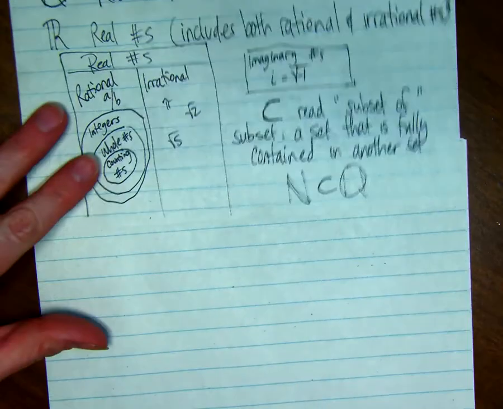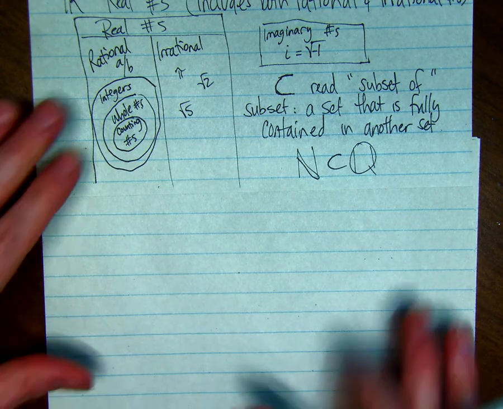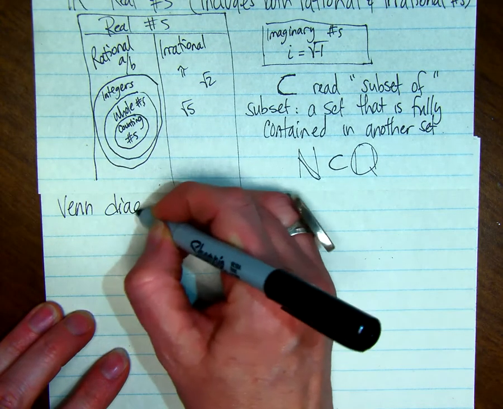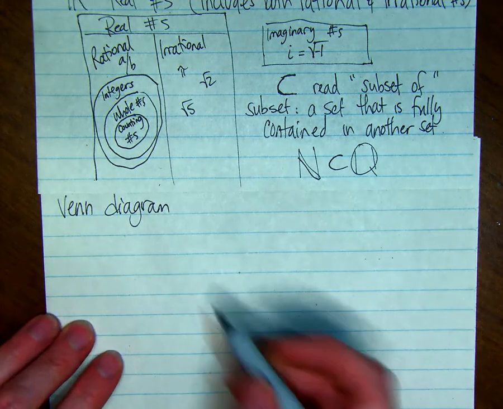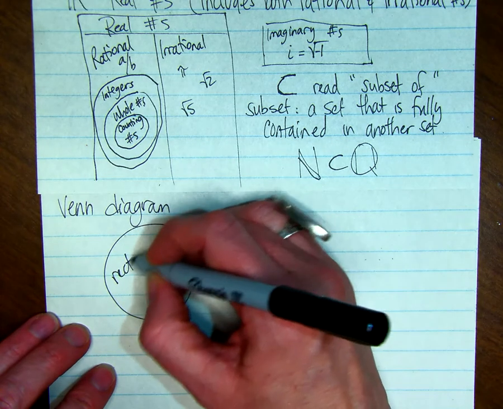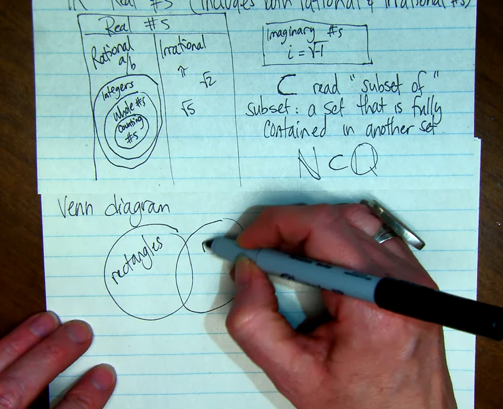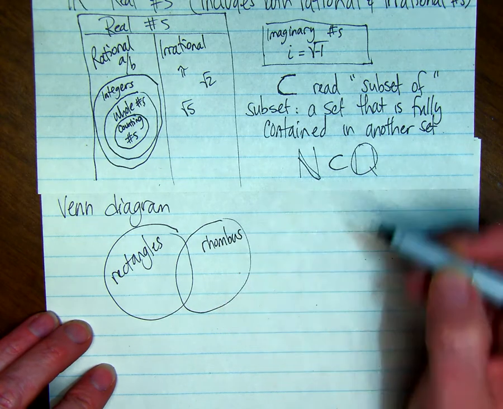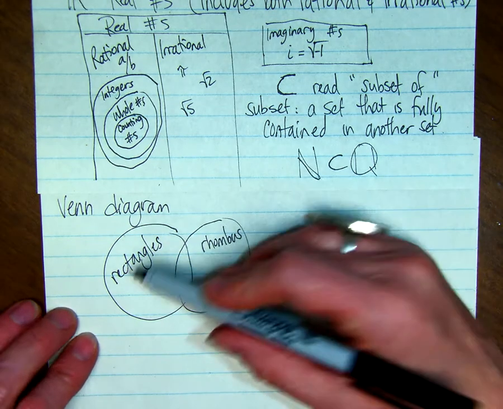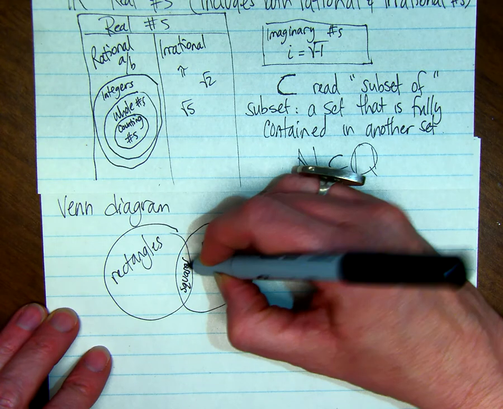Sometimes we use what's called a Venn diagram to show how things are related. So here's an example of a Venn diagram. We have a set of rectangles. We have a set of rhombuses. And in between, the set that is both a rectangle and a rhombus would be squares, all squares.